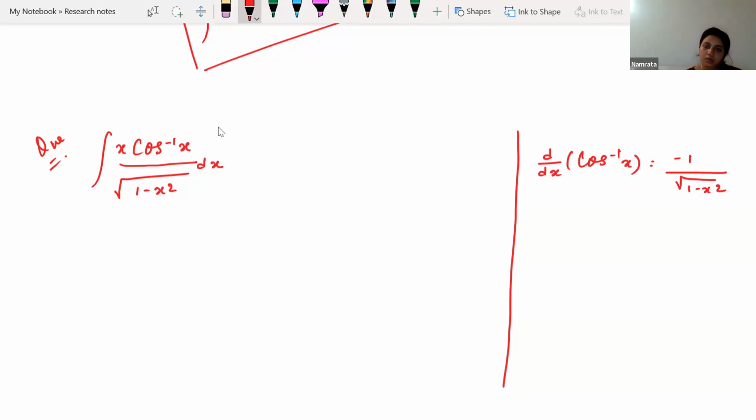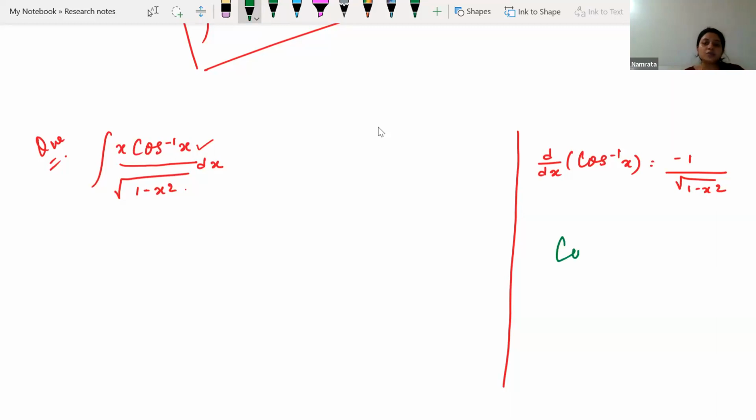Now can you see cos inverse x is there in the numerator, and a term is sitting in the denominator. So let's do the substitution over here so that the denominator and numerator will get simplified, will get absorbed with each other.